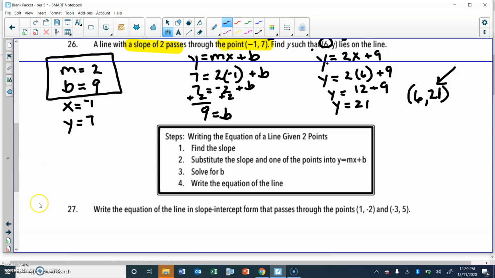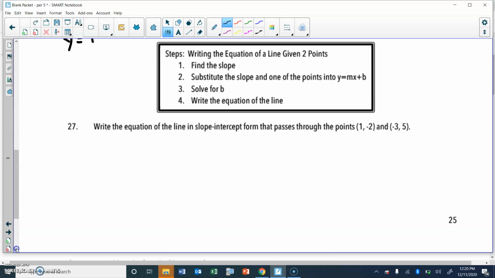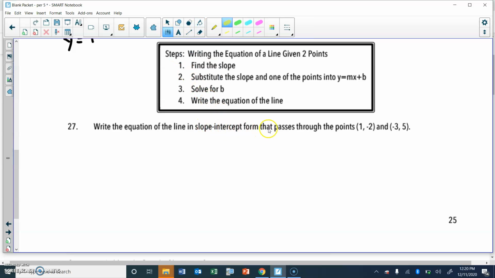We're going to start with number 27. We're going to work through the problem using the steps. It says write the equation of a line in slope-intercept form that passes through the points (1, -2) and (-3, 5).